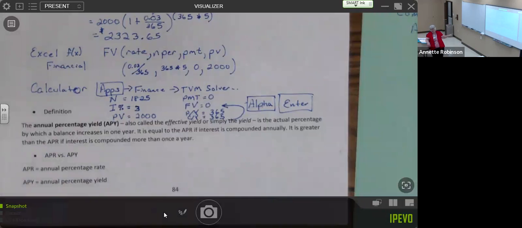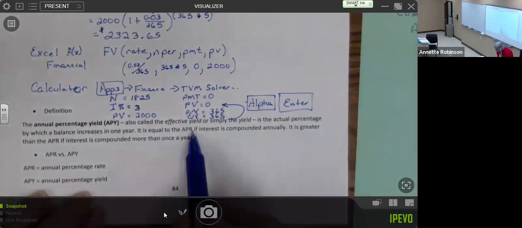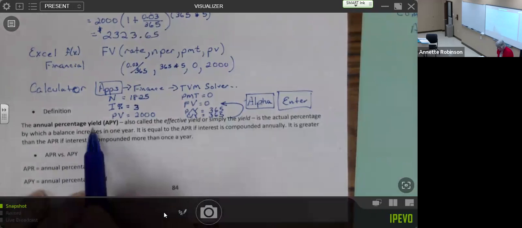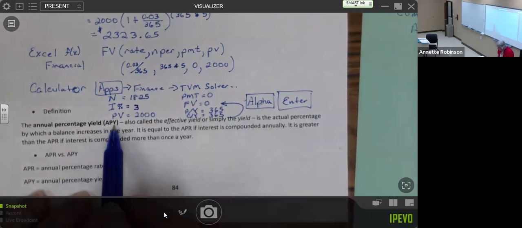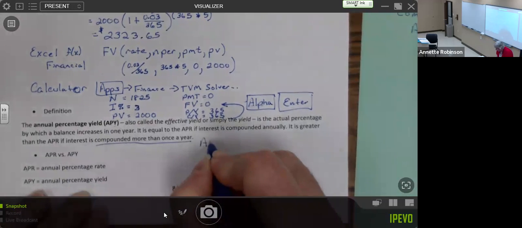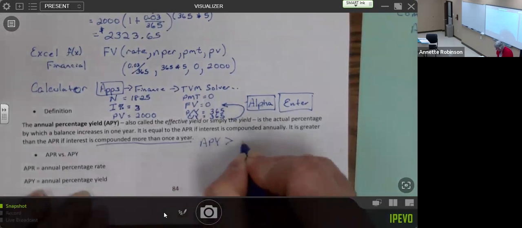That last account, every day for that 5 years, somebody was going in your account and figuring out the interest and adding it to your account. We're doing a simple interest. That's the reason why you got quite a bit of money. If the APR is annually, the APR and the APY is the same. But if it's more than once a year, your APY is going to be greater than your APR.